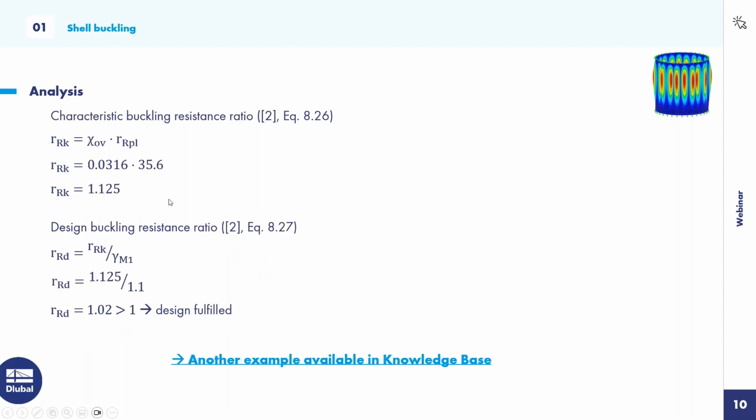So and that's the last slide. We calculate the characteristic buckling resistance ratio 1.125, and then the design buckling resistance ratio according to equation 8.27. And we can see that the design is fulfilled.